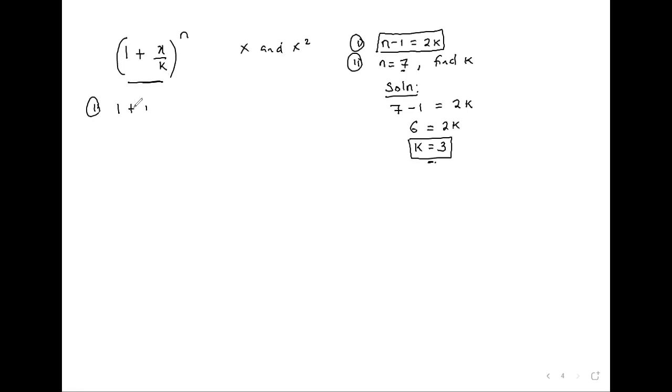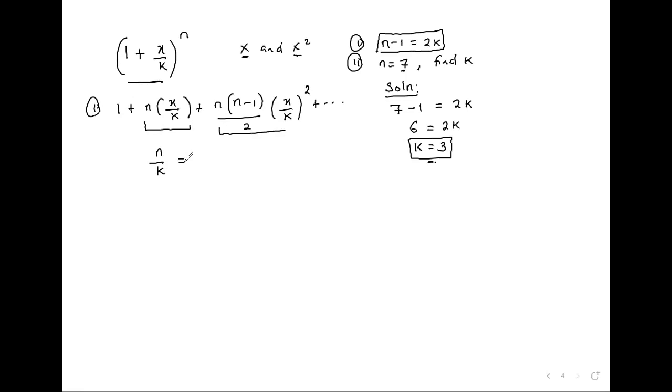Then part 1, you expand this. This is 1 plus n multiplied by x over k plus n multiplied by n minus 1 over 2 multiplied by x over k squared. The question says the coefficients of x and x squared are equal. So the coefficient of x here, which is n over k, is equal to the coefficient of x squared here, which is n minus 1 over 2k squared. If these two are equal, show that you can get to this point.